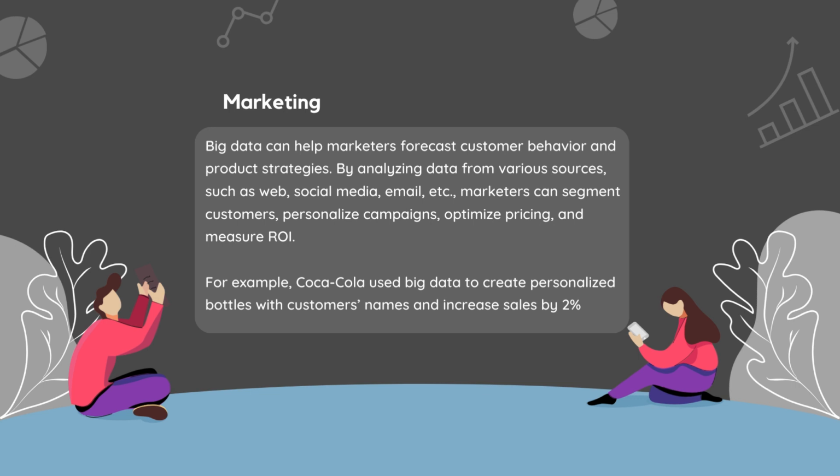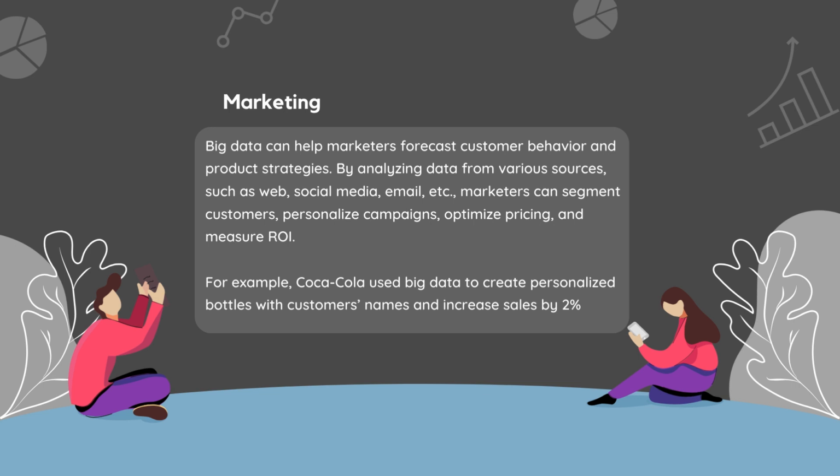Big data can help marketers understand and predict customer needs, preferences, and behavior and tailor their products, services, and messages accordingly. Big data can help marketers segment customers into different groups based on various criteria such as demographic, psychographic, behavior, and others, and personalize their campaigns and offers for each segment.